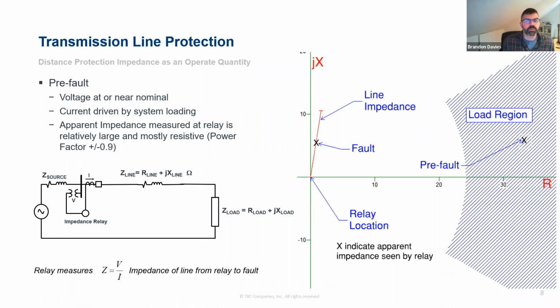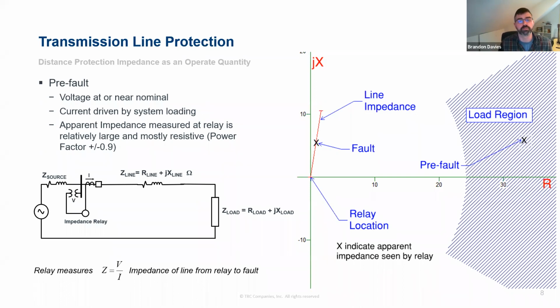So, one of the things that's kind of critical to understanding distance protection, or really any protection, is what is my operate quantity going to be doing in a non-fault scenario, and what is it going to look like at the relay for a fault scenario?